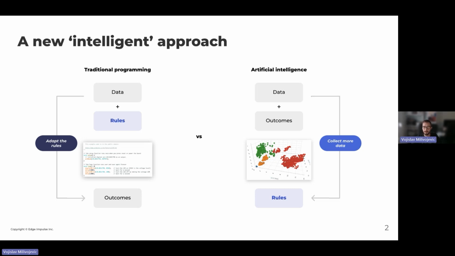But in this new way of thinking, how artificial intelligence or edge machine learning approaches problem solving, it's much more natural to these kinds of devices, where we have data and outcomes, and then we make up the rules. So this iterative process is much easier for us and, let's say, for the machine, so we get much better devices and a much better user experience at the end.